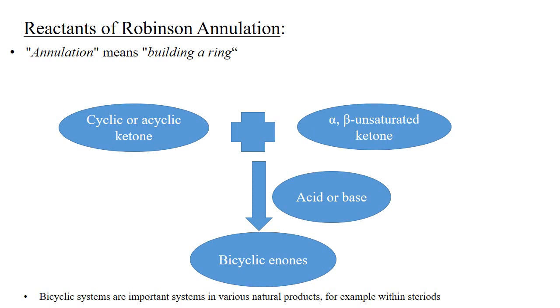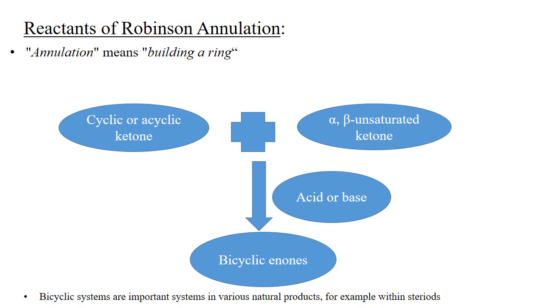The other one is an alpha beta unsaturated ketone. The reaction of the cyclic or acyclic ketone with alpha beta unsaturated ketone occurs in the presence of an acid or a base. So we can say Robinson annulation reaction is either an acid catalyzed or base catalyzed reaction. As a result of this reaction, enones are formed. Enone is the product of Robinson annulation reaction.